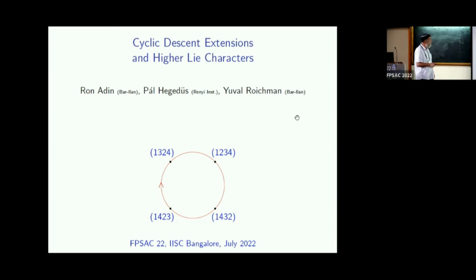The last part will explain in brief what higher Lie characters are and what role they play in solving problems from this field. And the middle will be the main result. It will be short, just one slide to present the main result.